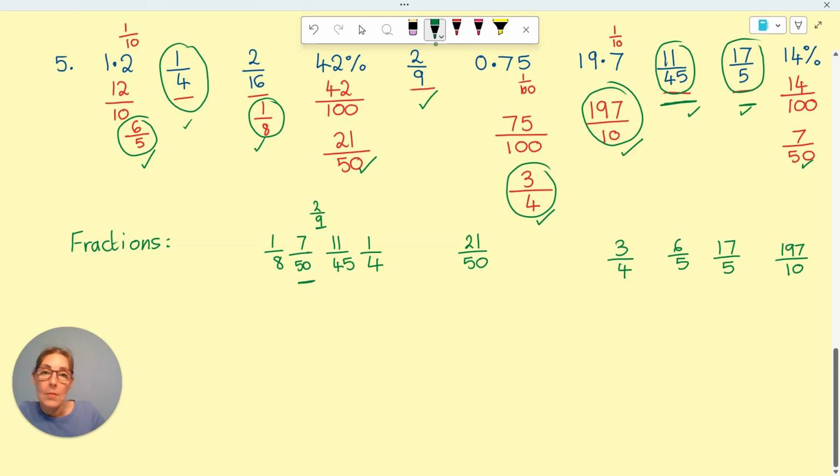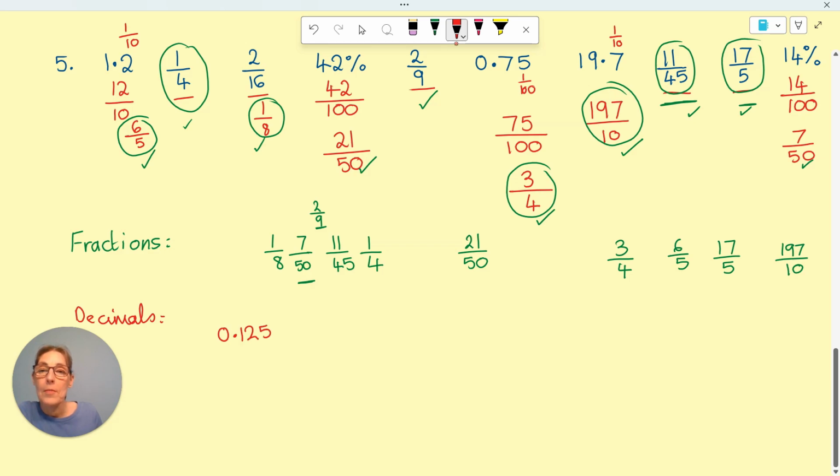So to turn them into decimals, it's about doing the division. I'd just pop them into the calculator at the moment. Just do them in the calculator is absolutely fine. So I know 1 divided by 8 is 0.125.